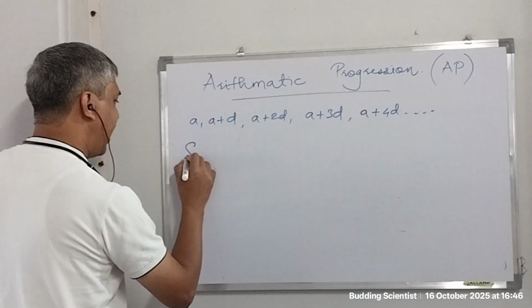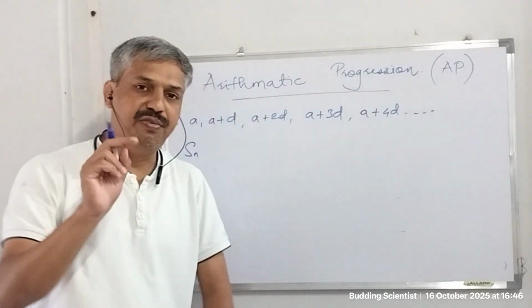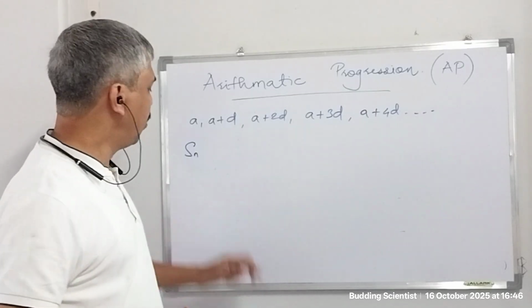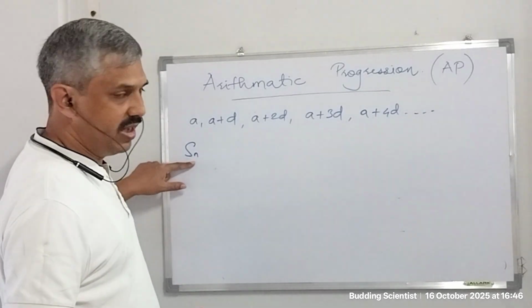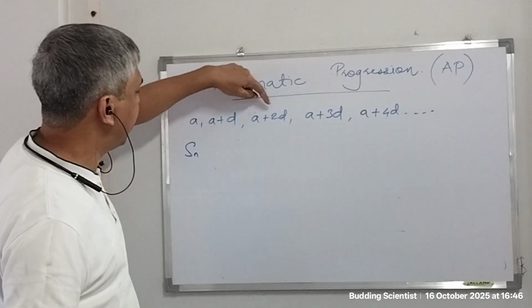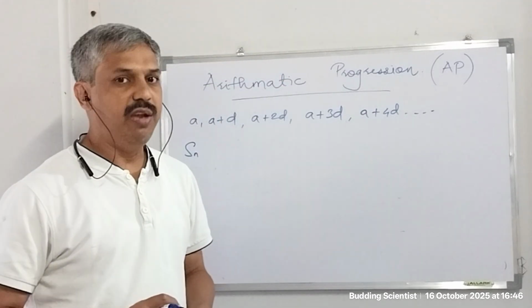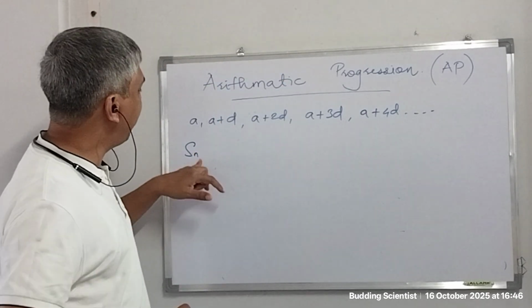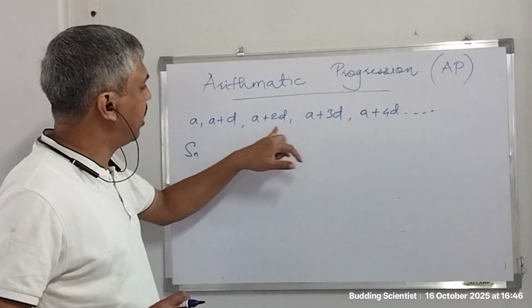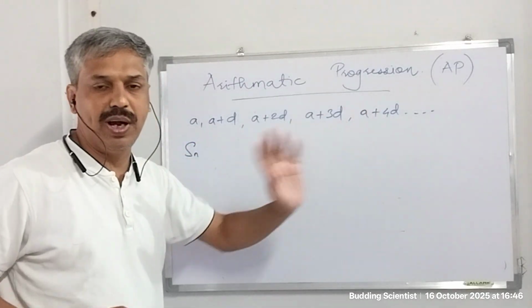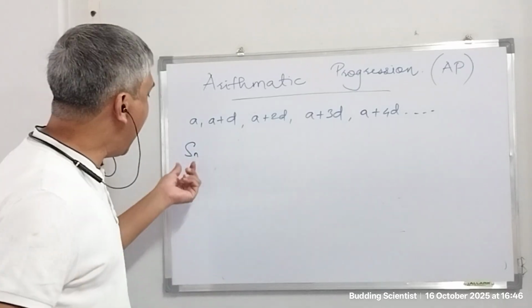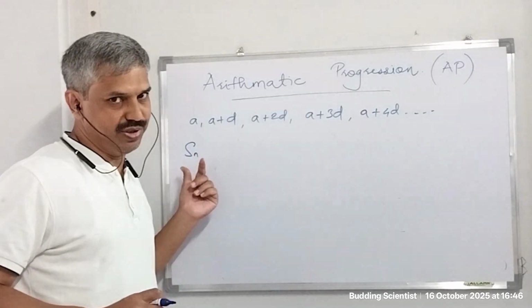We define Sn as the sum of first n terms. So if I write S3, it means first term, second term and third term, the addition of all three. If I write S5, S5 means first term, second term, third term, fourth term, fifth term, addition of all five. So we are adding the first n terms here.